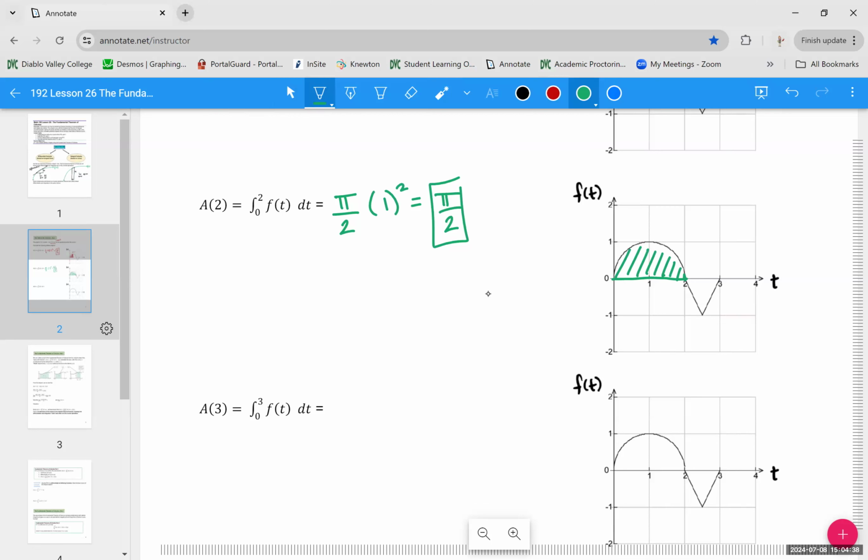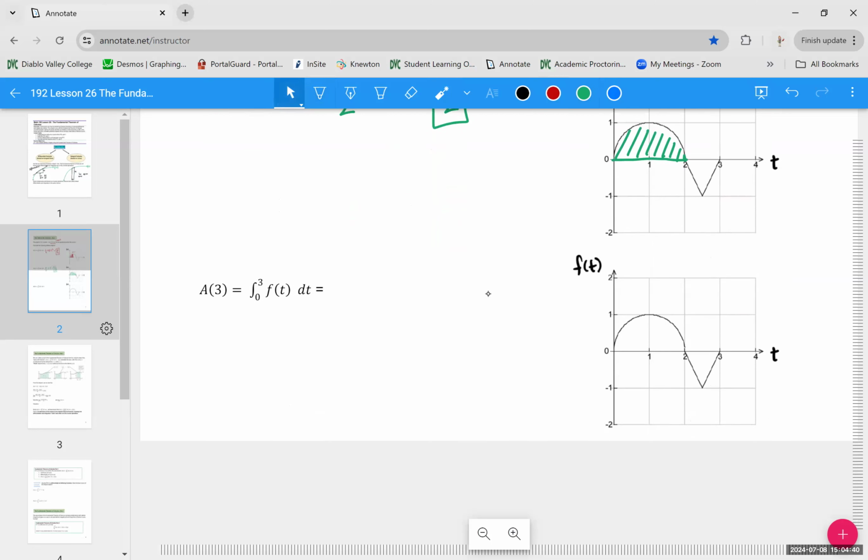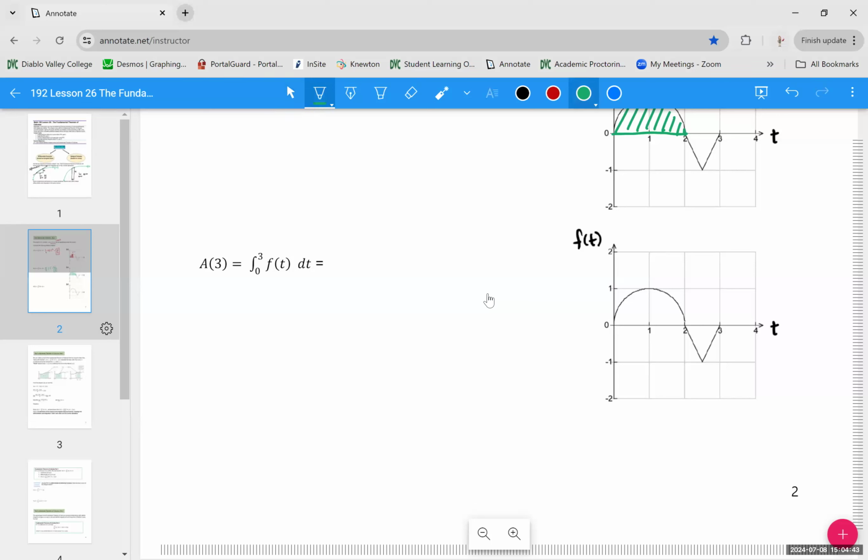And if we add in a of 3, so now I have both this semicircle above and this triangle below.